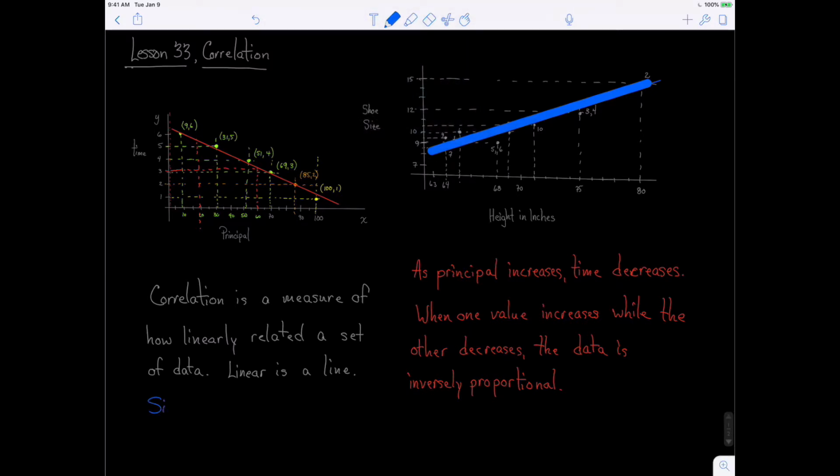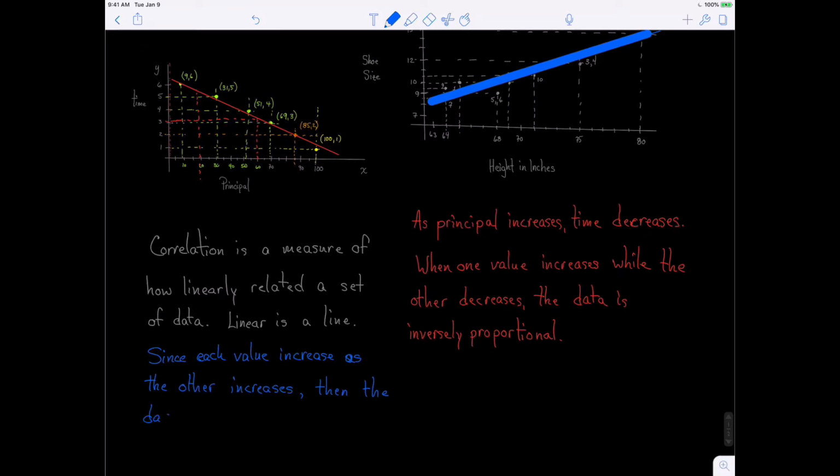Since each value increases as the other increases, then the data is directly proportional.